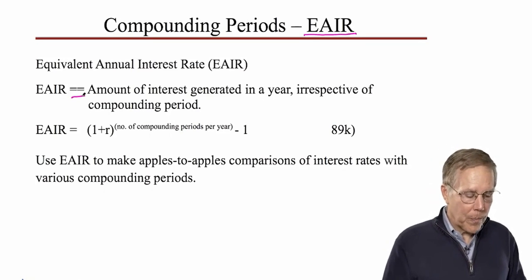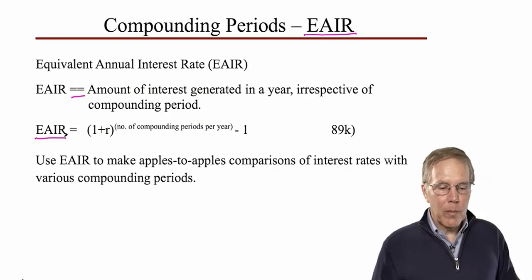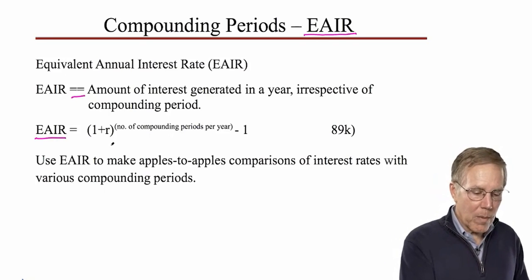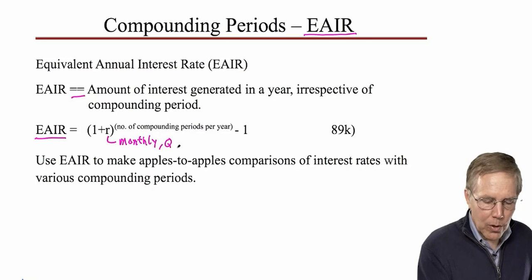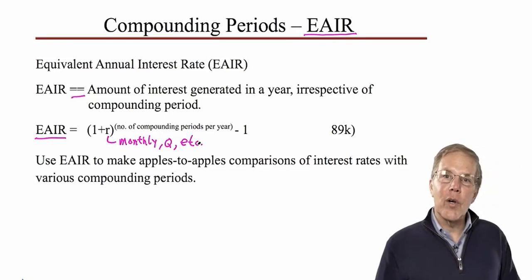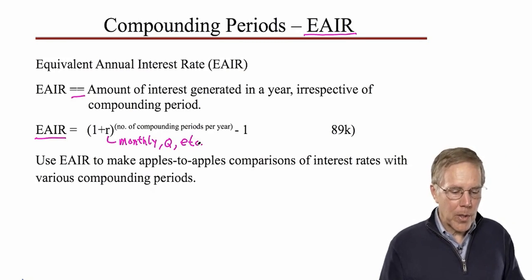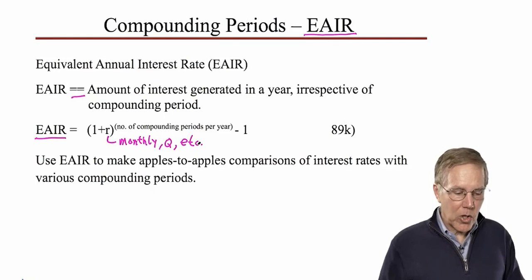Okay, so here's how it goes. The EAIR, that's the amount of interest generated in a year, is going to be 1 plus R, where this is going to be monthly, quarterly, etc. So that's called our native R: 1 plus our native R, monthly compounding, quarterly compounding, semi-annual compounding, raised to the number of compounding periods per year, minus 1.